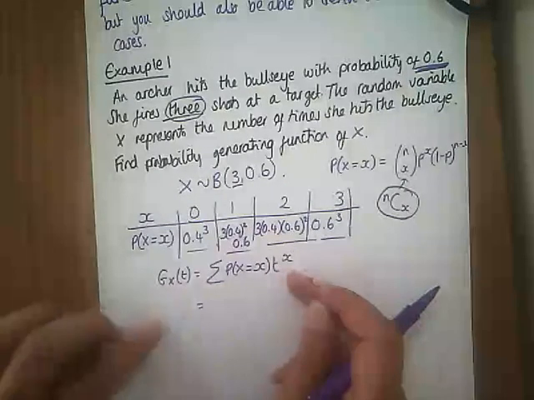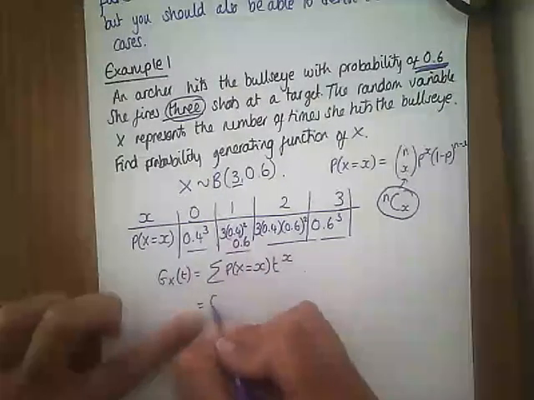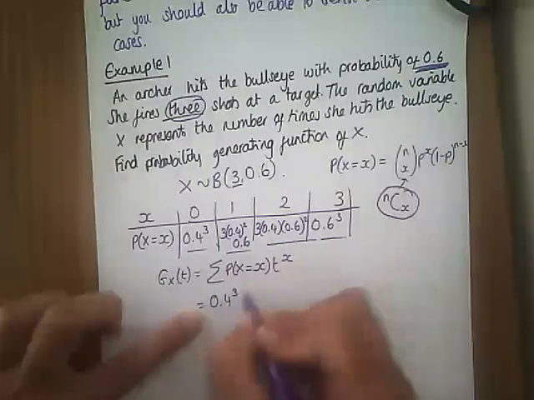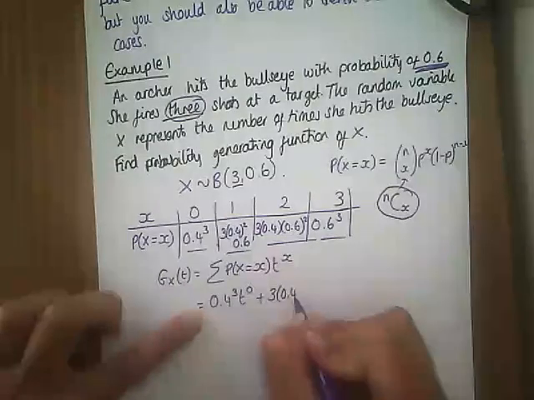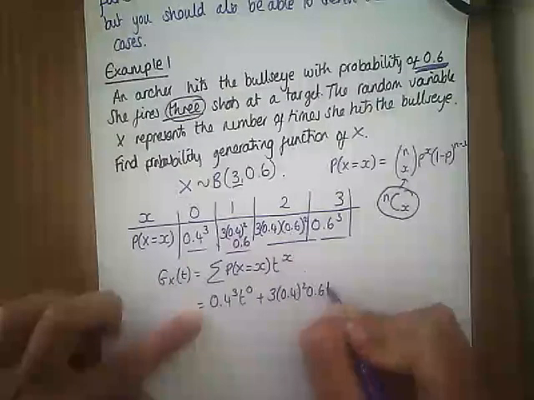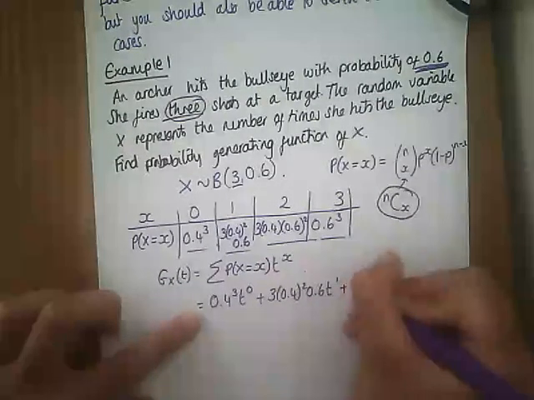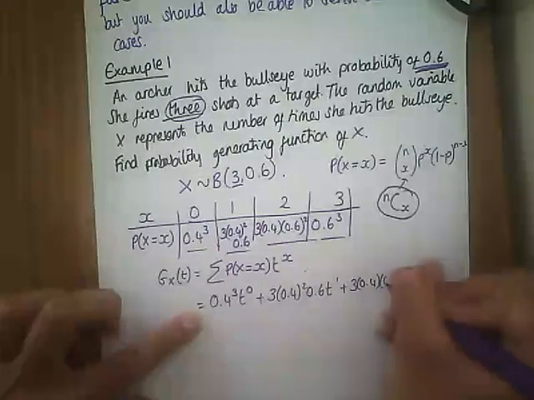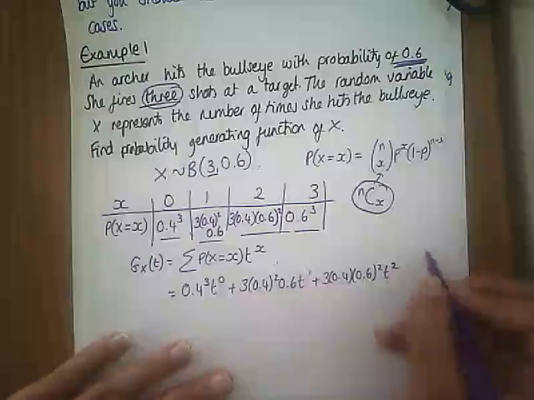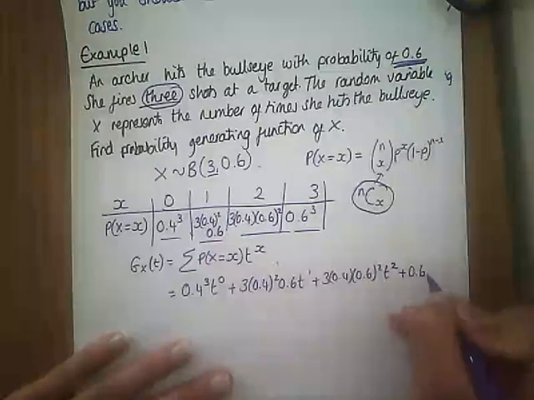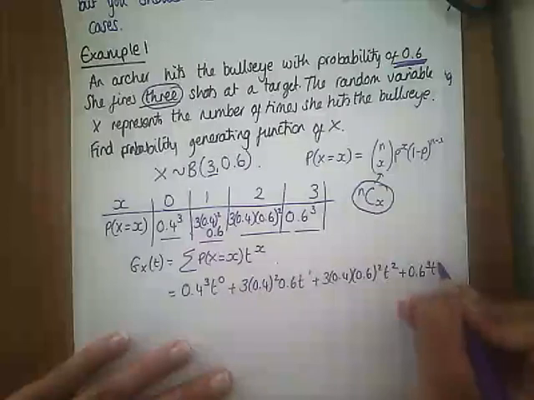So here I've got 0.4 cubed t to the power of 0 plus 3 lots of 0.4 squared times 0.6 t to the power of 1 plus 3 lots of 0.4, 0.6 squared t to the power of 2, and finally 0.6 cubed t cubed.